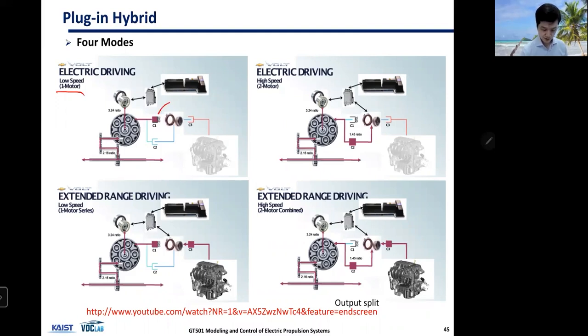This is a grounding node, so your casing of the transmission, which means the ring gear is not moving at all. Okay, and in that case, the planetary gear set works as a simple gear, fixed gear ratio, and that gives you 1-motor low-speed EV mode.